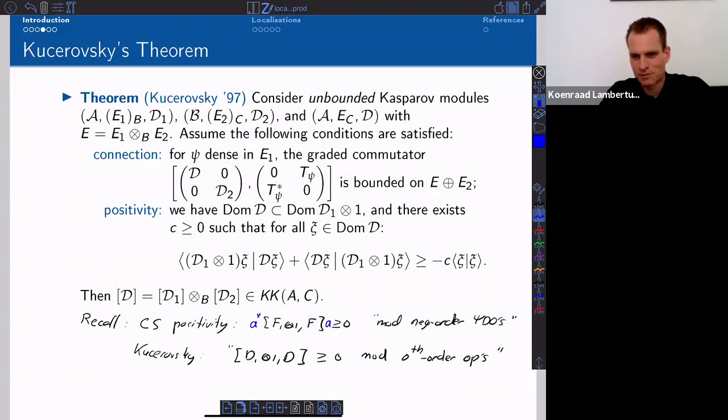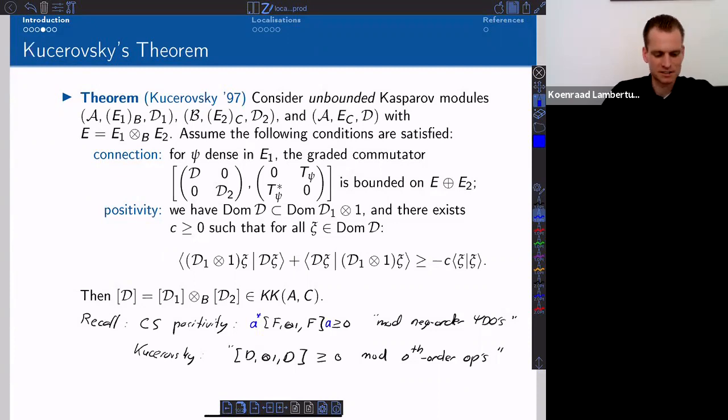So again, if A is, for instance, a compactly supported function, then sandwiching the commutator between A and A star is sort of restricting this commutator to the compact support of A. So this is saying that in Connes-Skandalis, we only need to check this condition locally on every compact subset. And of course, checking a local condition can be easier than checking a global condition. So again, if the algebra is unital, there's not really any difference between local and global versions. But for non-unital C-star algebras, this can make a big difference.